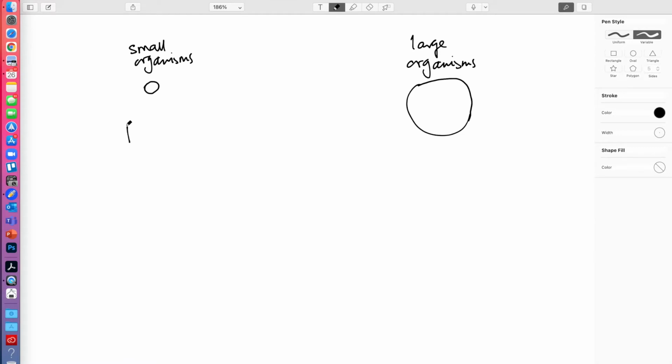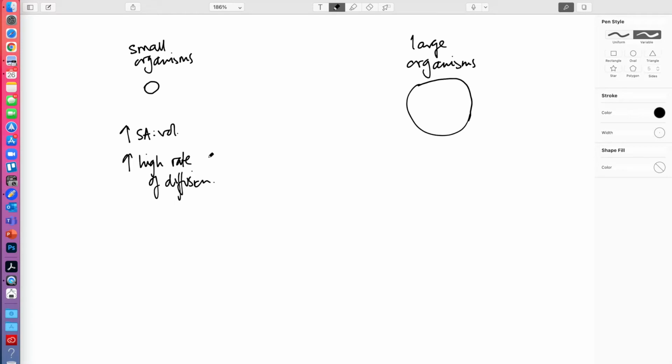So they've got a large surface area to volume ratio, and because of that large surface area to volume ratio, they have a sufficiently high rate of diffusion, okay? Because diffusion is how substances get exchanged.